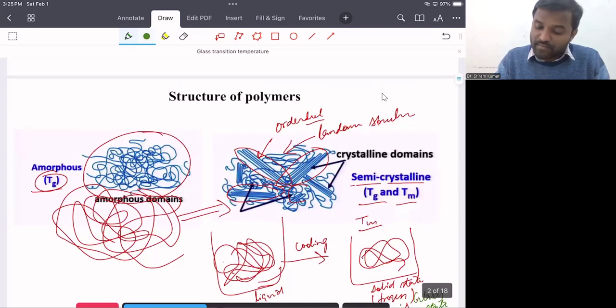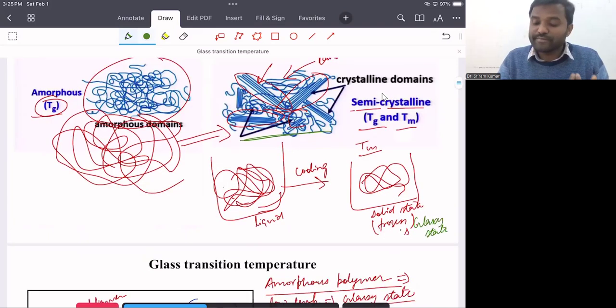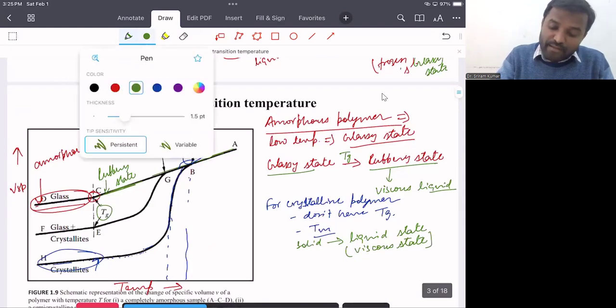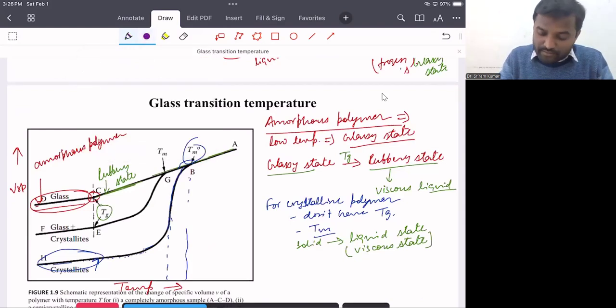Okay, and what if we have a semi-crystalline polymer, for example? This is an example of a semi-crystalline polymer, where we have some properties of the amorphous polymer and some properties of the crystalline polymer. For this kind of polymer, at very low temperature we have the glassy state.